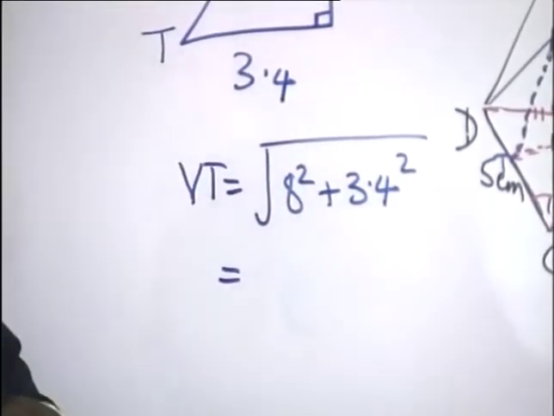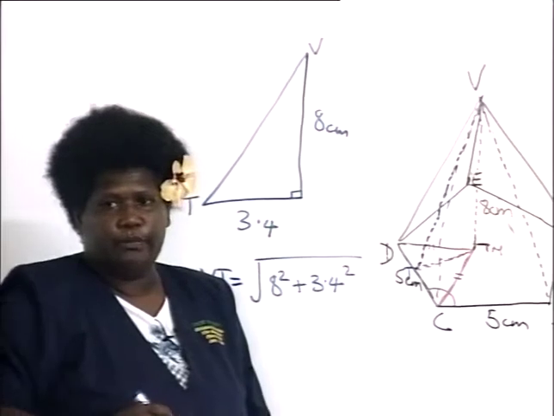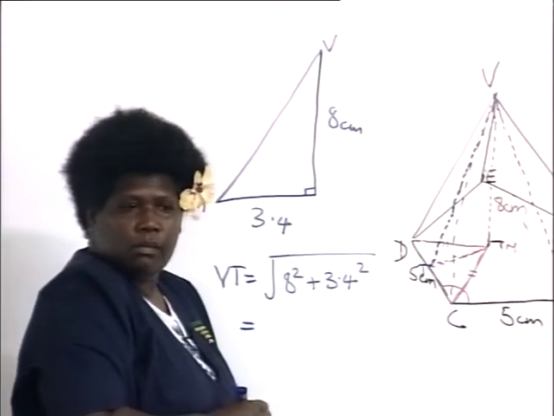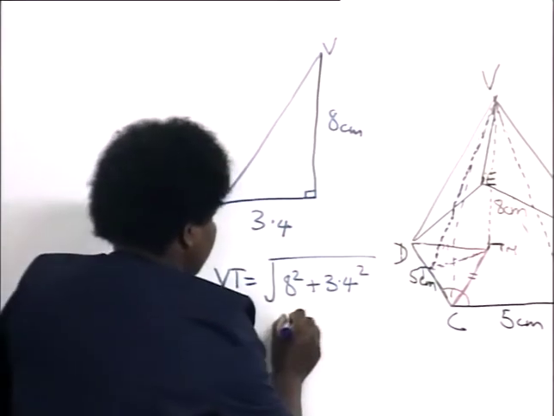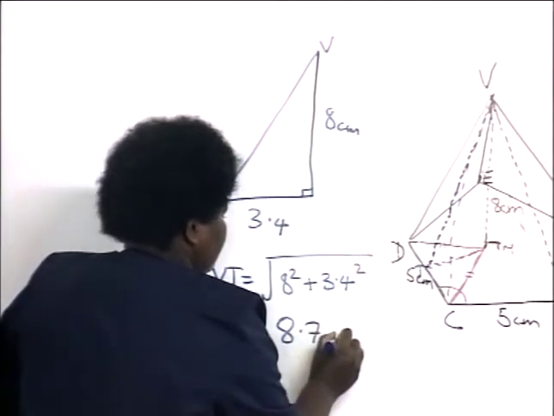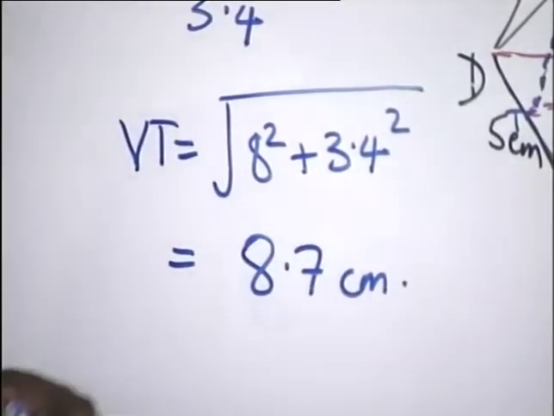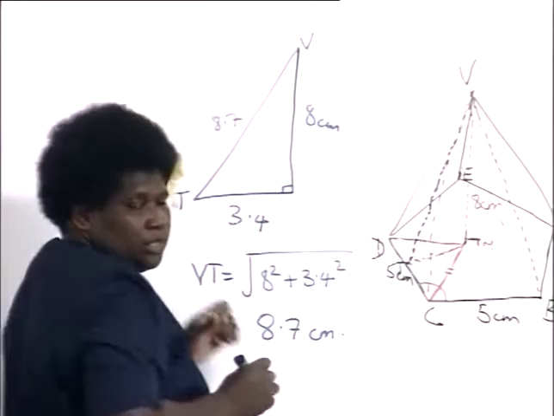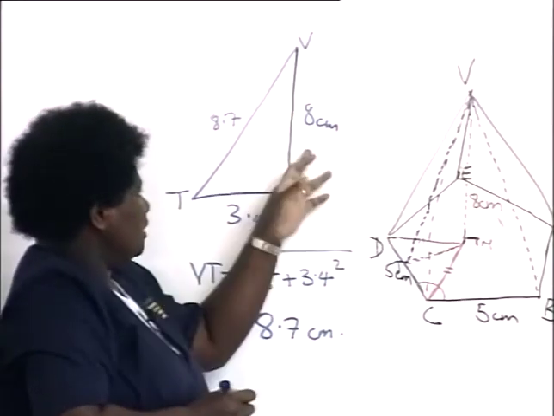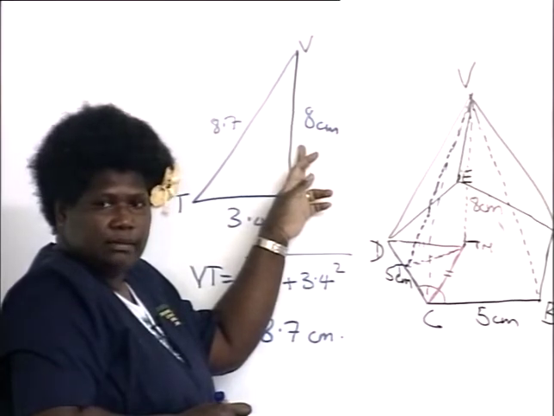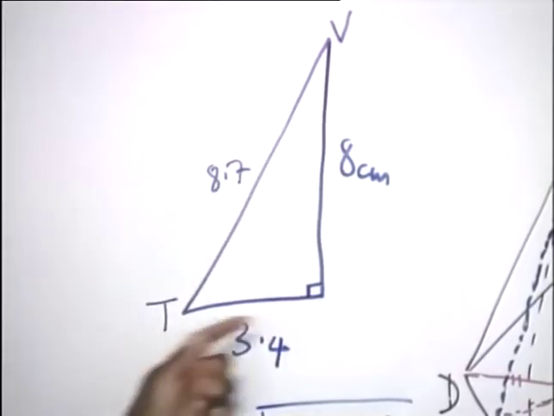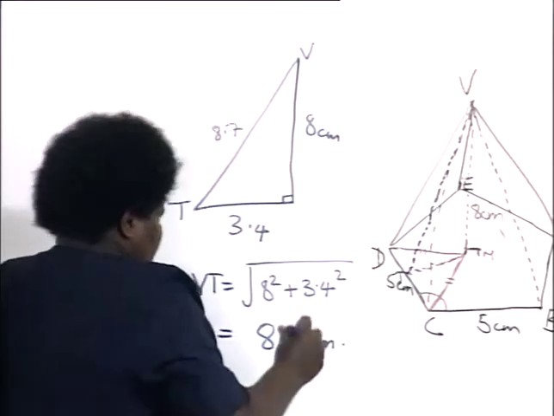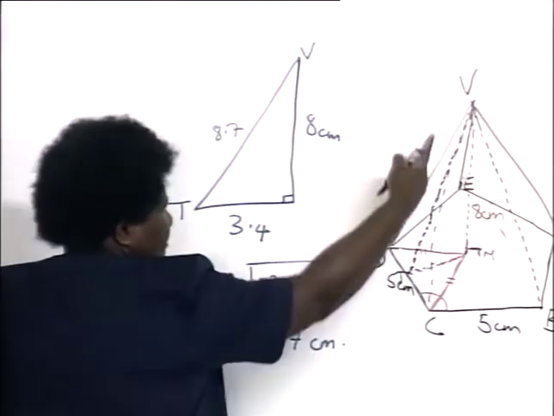Just tell me the answer. The square root of 8 squared plus 3.4 squared. 8.7. So this is now 8.7, which looks correct because it has to be greater than 8, since it's the hypotenuse of the triangle. Now we are going to find VD.